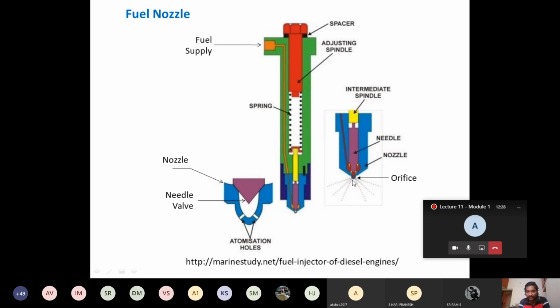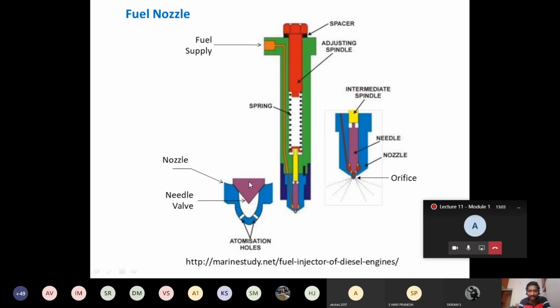Here you can see an orifice. If the needle valve moves up, then this is open, and this is the entry of the fuel. This is the flow passage of the fuel, right? Fuel enters through the passage, and it is going to get sprayed when the orifice opens. And when the needle valve moves down, it closes the orifice and it prevents the entry of fuel through the flow passage. Okay, so the detailed diagram is shown here.